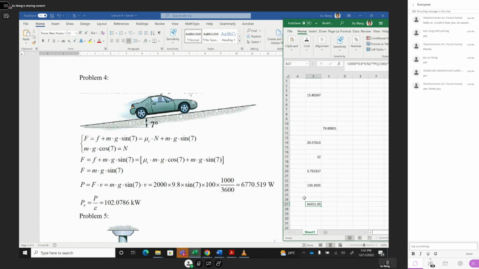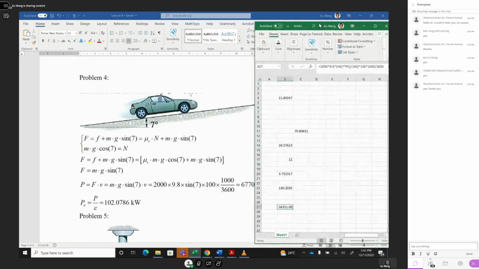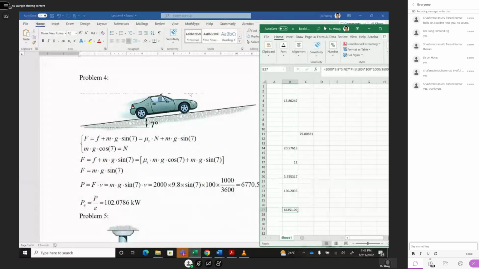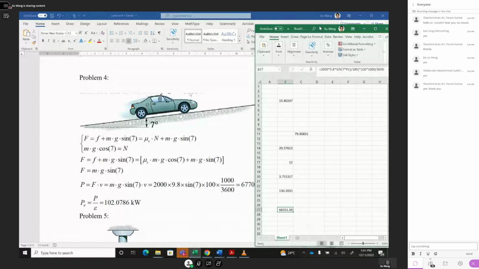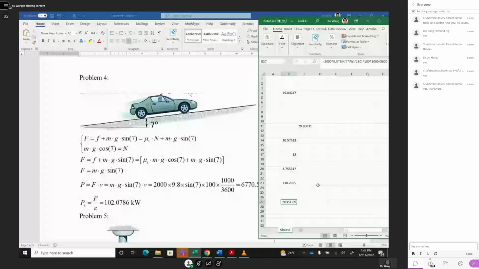Hold on, a little tricky. 2000 times 9.8, 7 degrees, pi over 180. Hold on. 180 times 3,000. 2000 times 6, multiply, divide on this side, 1000 divides 3000, that's fine. Then you get the efficiency, this one divided by 65%, that is 0.65.